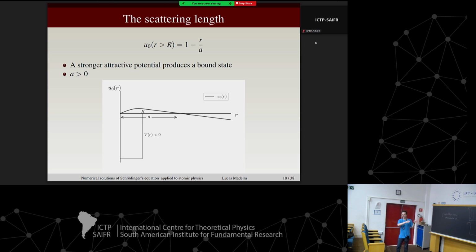I prepared an example that we're going to see in practice how continuum and bound states work. And then you let me know if it's clear from the example. If not, we can go back to this. I'm just showing pictures and saying things, but we are going to do a formal example, okay?